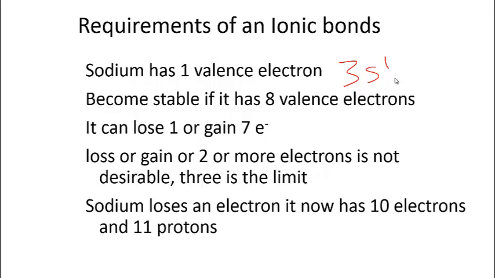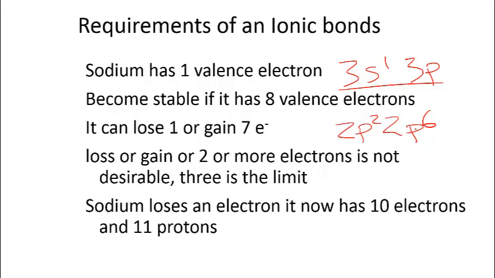Sodium can either gain 7 electrons in order to fill its s and its p orbitals, and then its energy level 3 will be completely filled with 8 electrons, or it can lose 1 electron from its energy level 3 orbital, 3s orbital, so that its energy level 2 orbital will be completely filled: 2s2, 2p6.